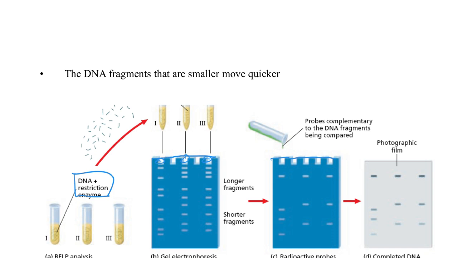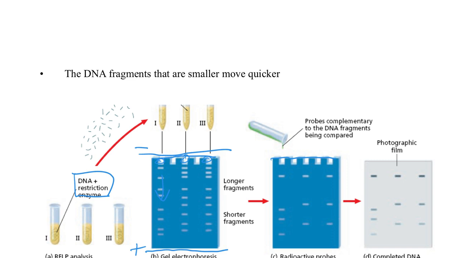When you break up the fragments, they're negatively charged because of the phosphate groups. So they will be attracted to the plus side of the field. So there's an electric field. It's like two plates. You turn on electricity, and it'll push the fragments towards the positive.